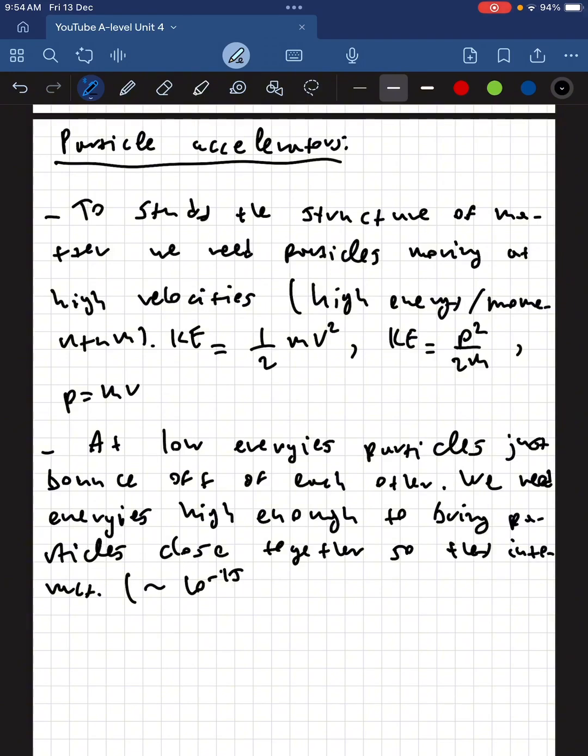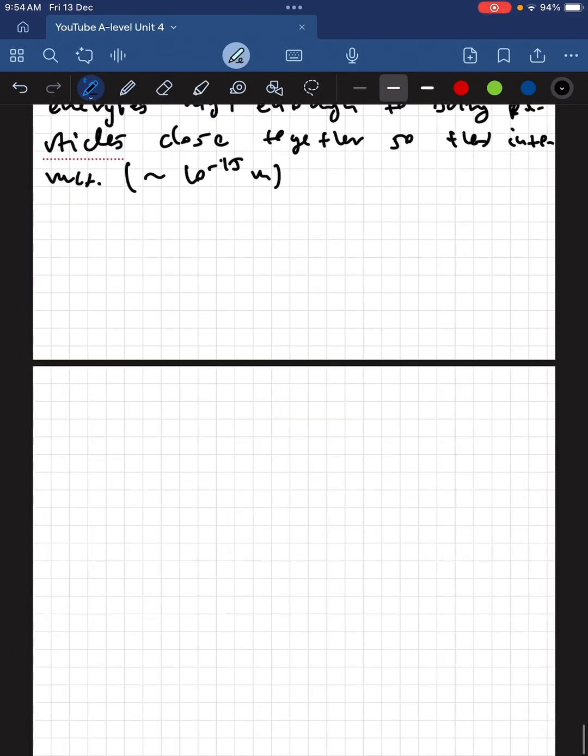So how close together? About 10 to the minus 15 meters. And for those of you who remember, that's the size of a nucleus. So if particles come this close together to each other, the strong nuclear force will make them interact and produce new particles, okay? So that's the first reason.